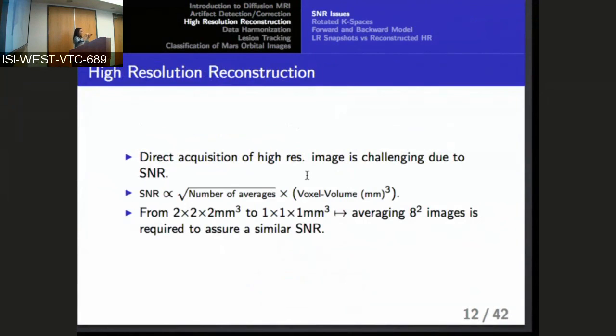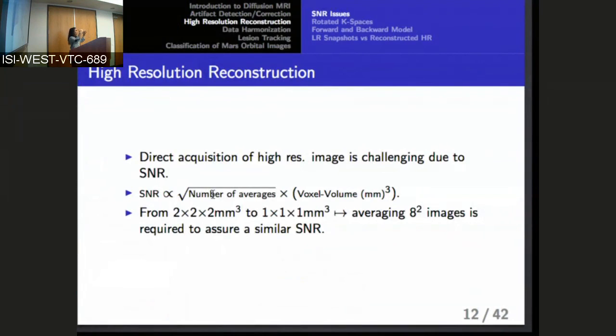Assume that we have images with resolution of 2 by 2 by 2. And then we acquire an image of resolution 1 by 1 by 1 millimeter. So this equation tells me that the SNR of the high resolution image is 8 times less than the SNR of the low resolution, right? So, okay, now we said that we want to improve the SNR of my high resolution image to the same level of the low resolution image, at least.